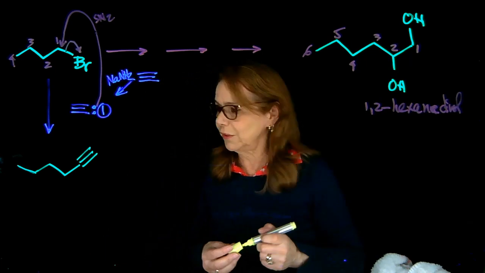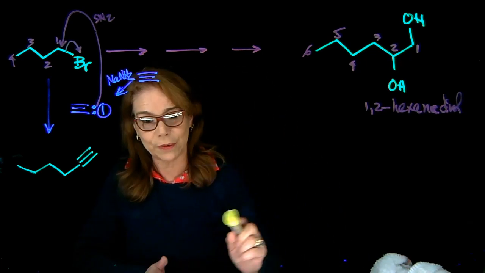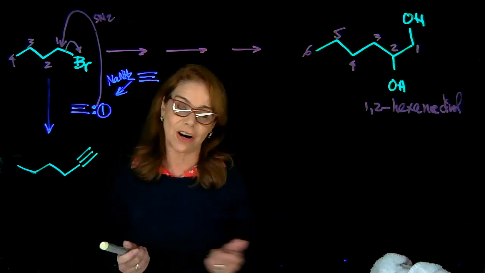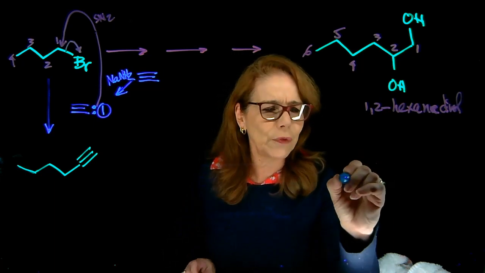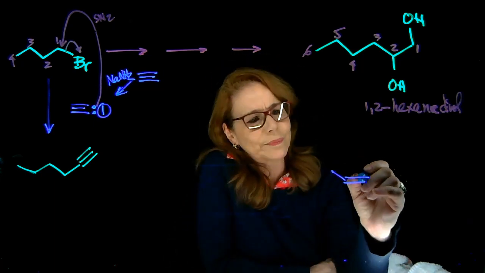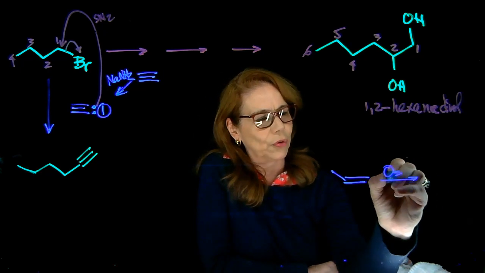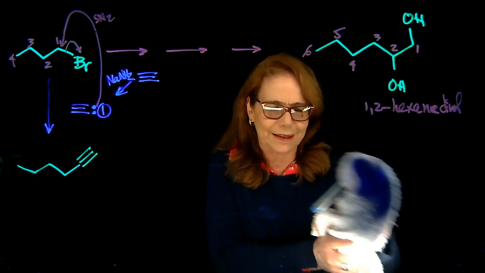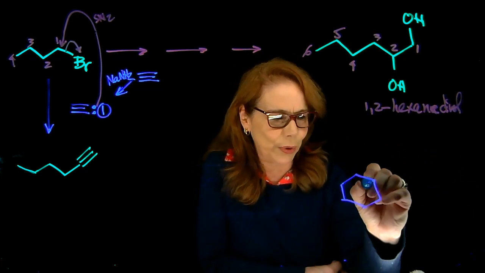Diols can be formed from alkenes, and then we do the dihydroxylation. There's a couple of ways. Let me write down here things. If we had an alkene, and I'm going to make it cyclic, so that is better, just cyclohexene.